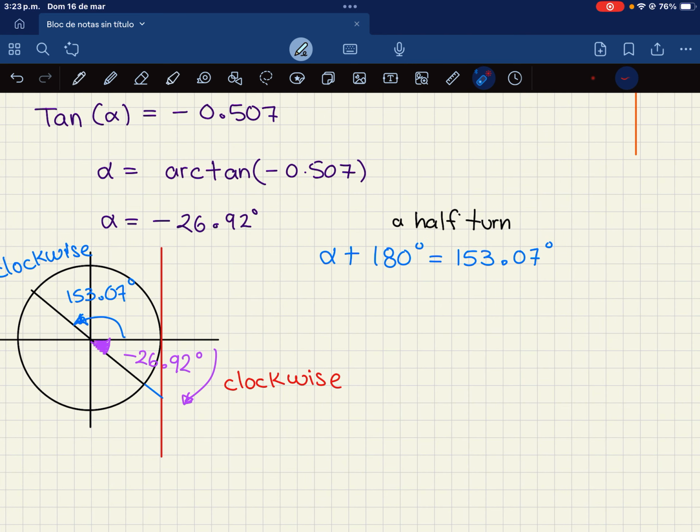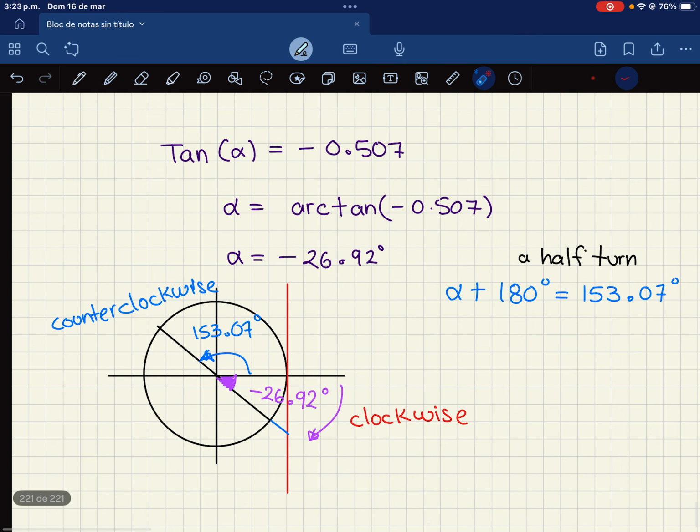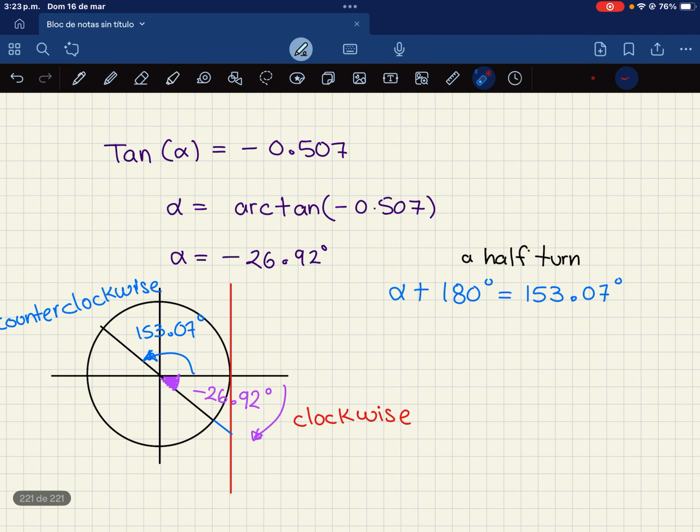Why? Because this makes more sense, since we are working with positive angles measured counterclockwise. So alpha plus 180 degrees is equal to 153.07 degrees.